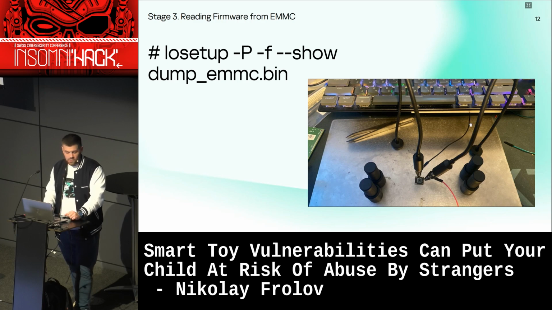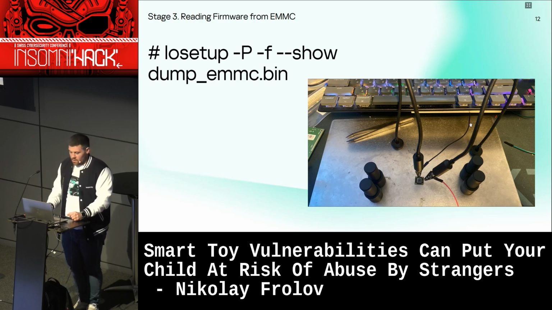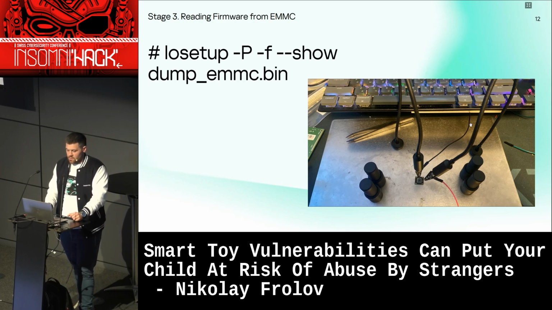So we continued by reading the firmware from the eMMC. That's not difficult, just using some tools. Because it's eMMC, we don't need to recover any information. Just using the mount command that you can see on this slide, we had the full firmware of this robot. We started analysis.